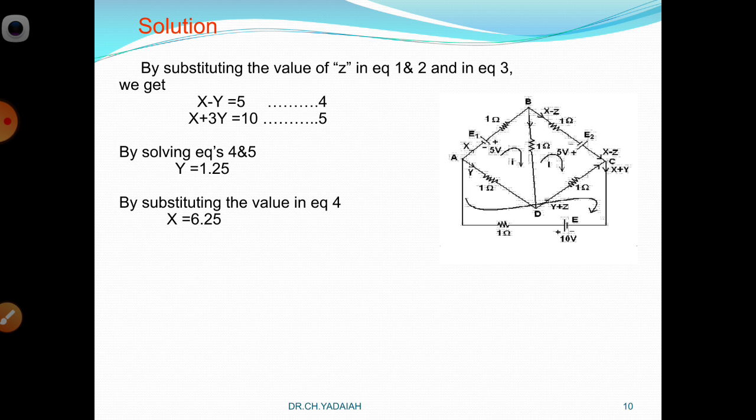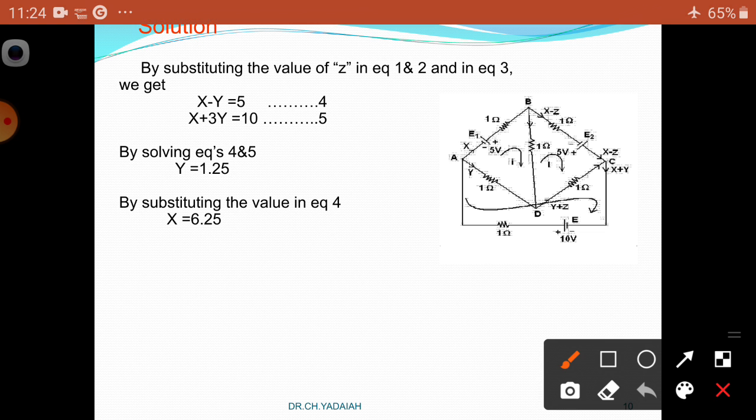Now from this one what do we get? We got the current flowing, this x value is equal to 6.25 amperes flowing through this branch, and from this y branch the current going is 1.25 amperes, and the current flowing in the z branch is 0.